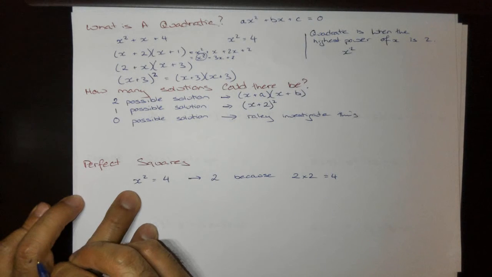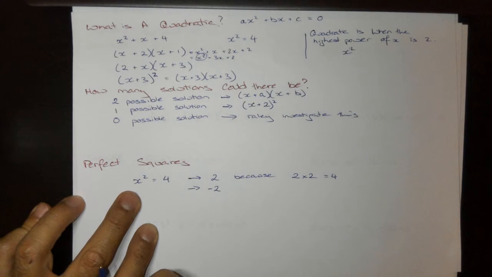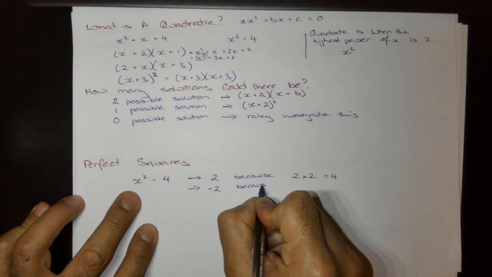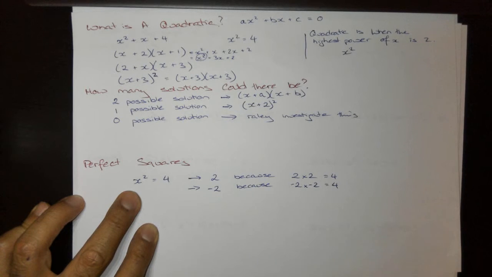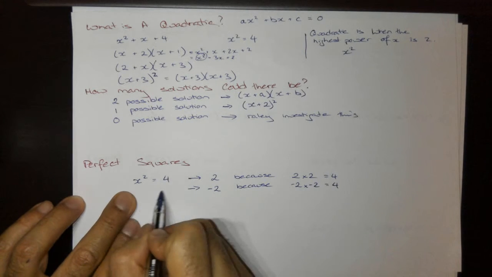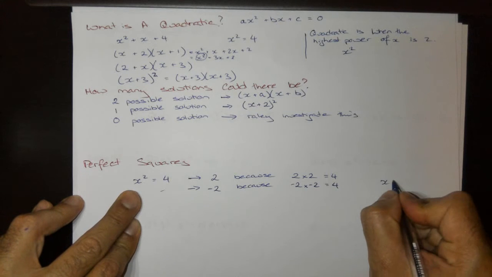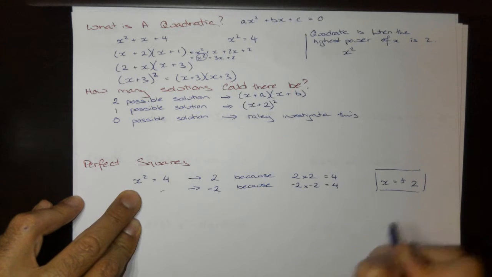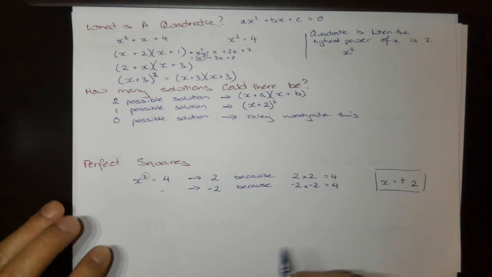But many of you will forget that there's another solution, negative 2, because two negatives make a positive. So negative 2 times negative 2 will also give you 4. So in this case, for this perfect square, x is plus or minus 2. That is the solution. Yeah? Because there's two solutions. Alright?